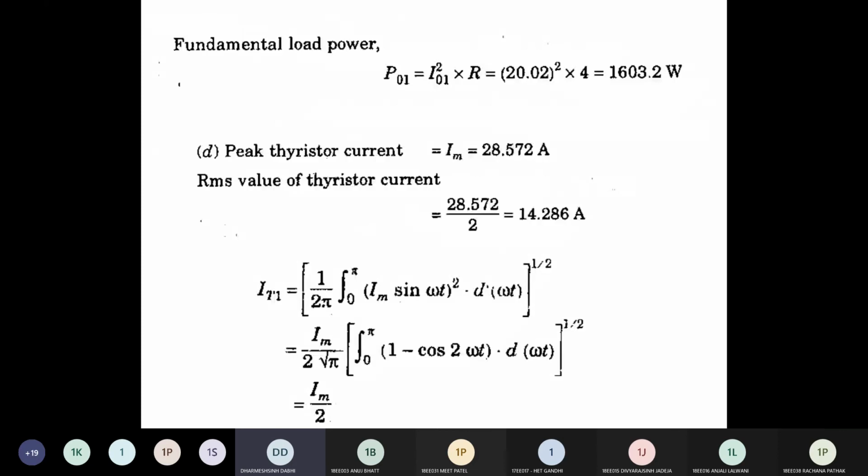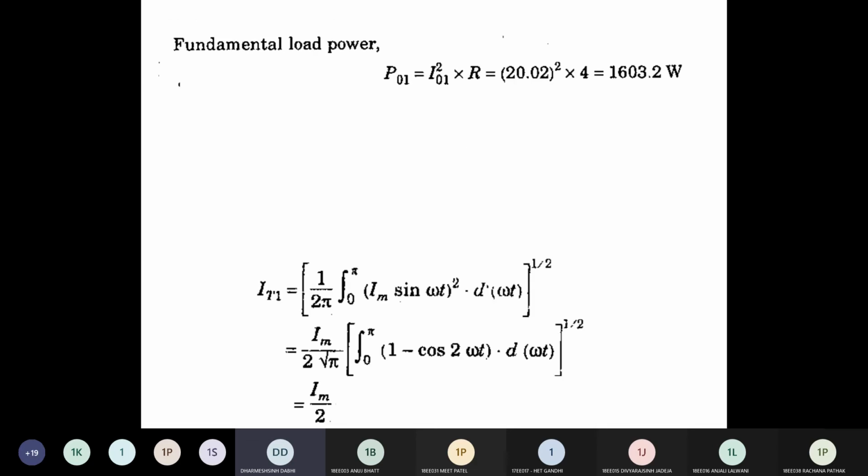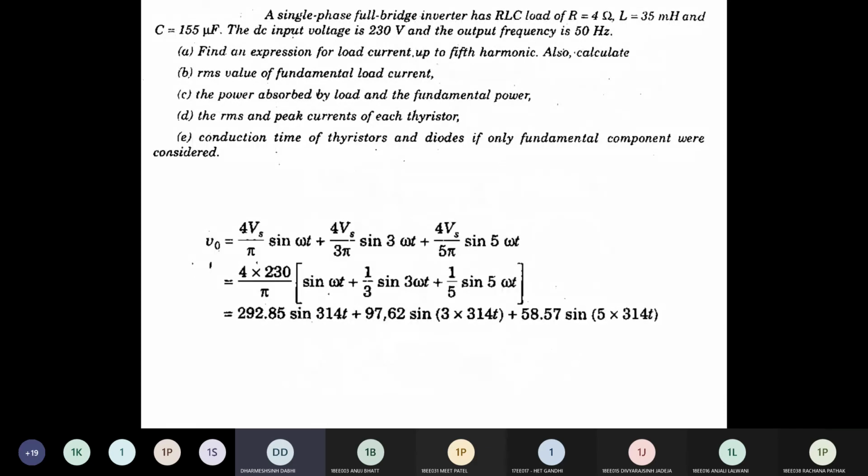How much time will the thyristor conduct and how much time will the diode? As you know, the equation of load current is I0 equal to Im sin(omega t minus phi). Here, what is your phi? You already calculated phi. Yes or no? For the fundamental component, what is the angle phi?